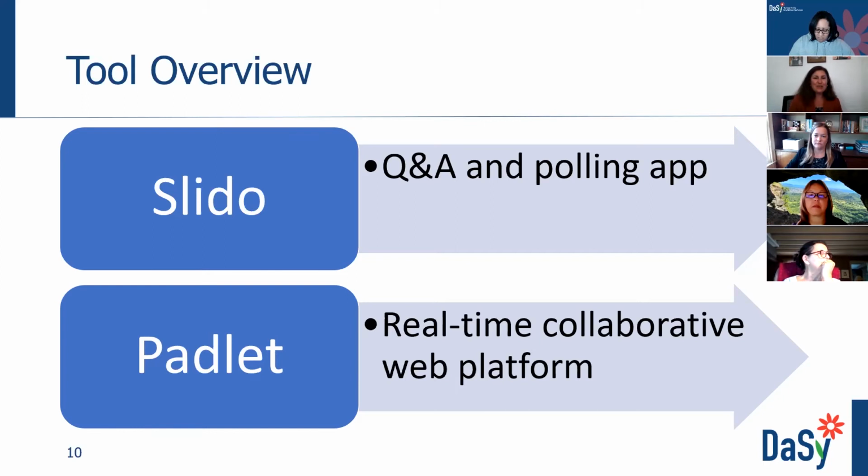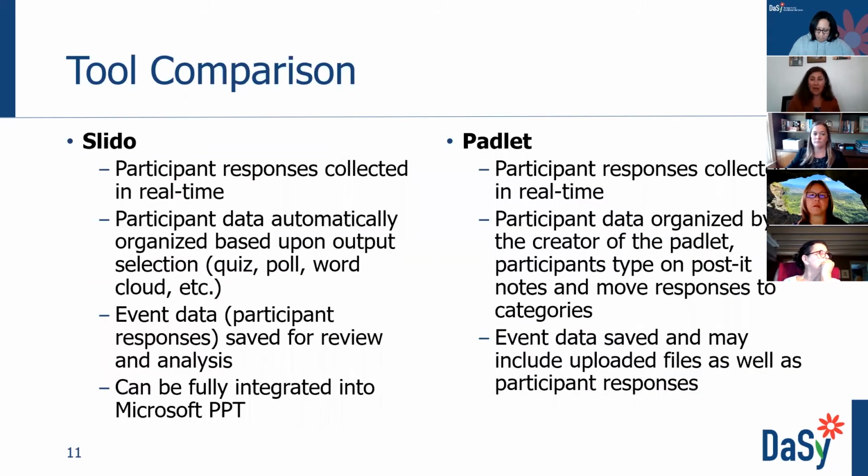Okay, so Slido, as you know, is a Q&A polling app, and Padlet is a real-time collaborative platform. Both of these tools allow participants to engage in real time, which is why you saw the bar graph moving and why Renee was able to give us those percentages at the end with Zoom, and why with Padlet, you're able to see these sticky notes pop up all at the same time.